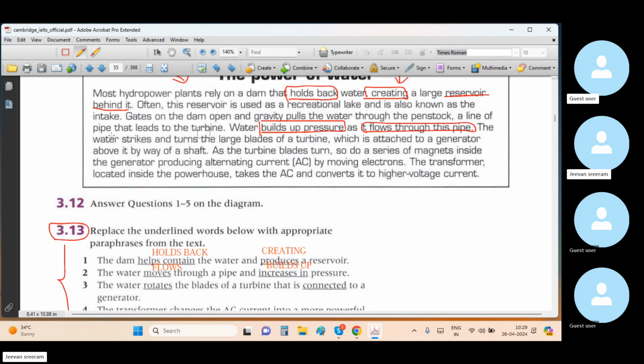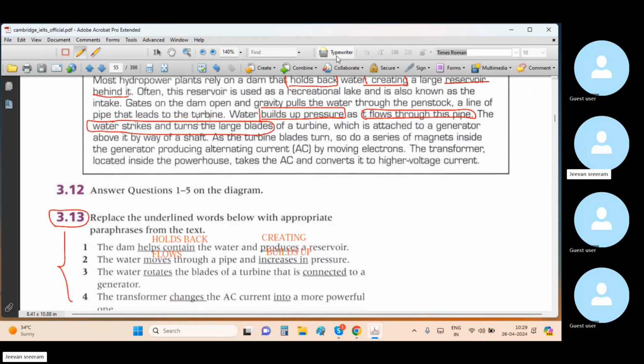So what do you have to write? Turns. Turns. Connected to, or connected in this question sentence. We have attached. Attached. Correct.